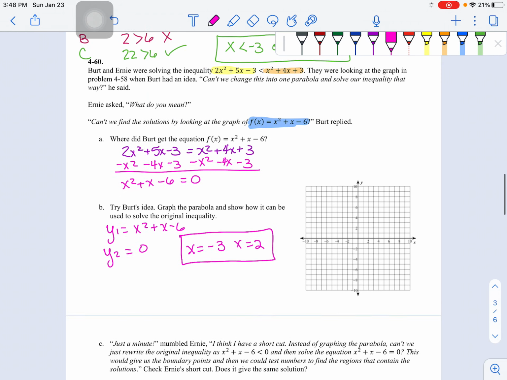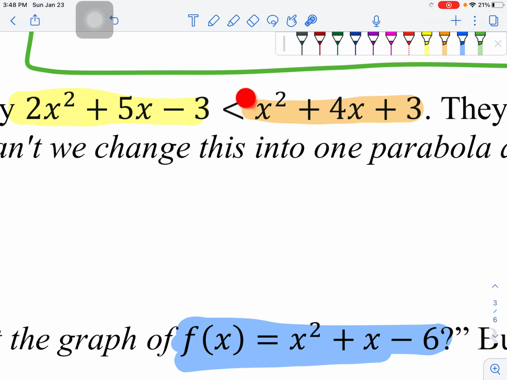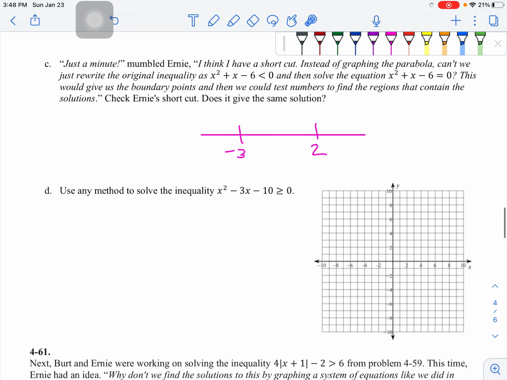And we know, if you look at our original, it was a less than symbol. So we are going to have open circles there. So I'm going to draw an open circle. And we have section A, B, and C, right? So we have to test them to see which ones come out true and which ones come out false.